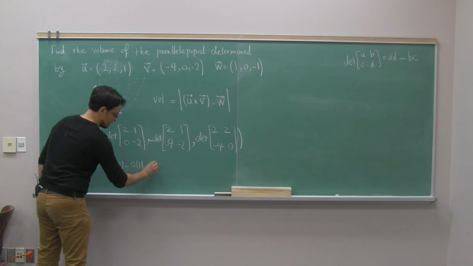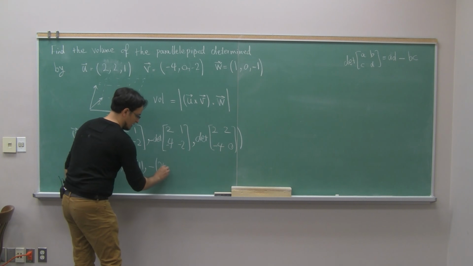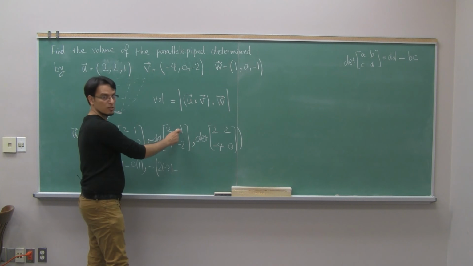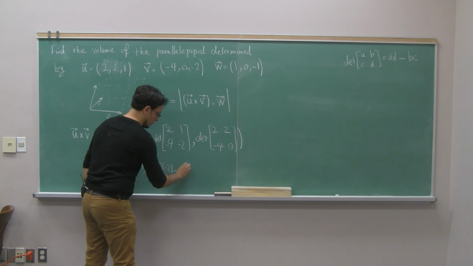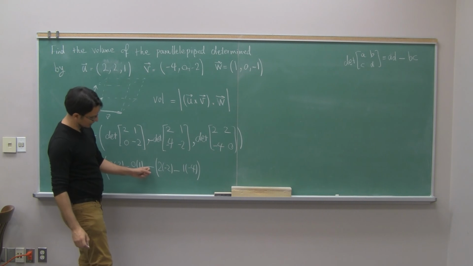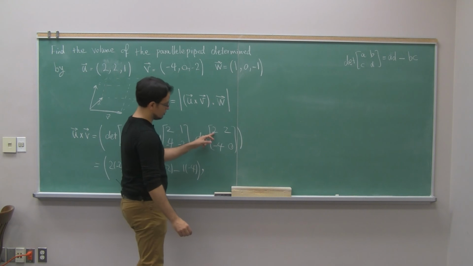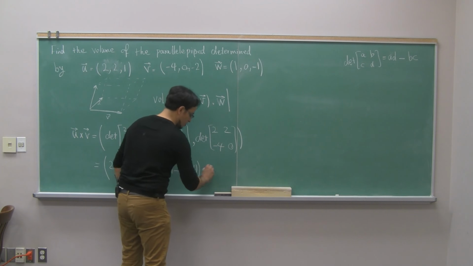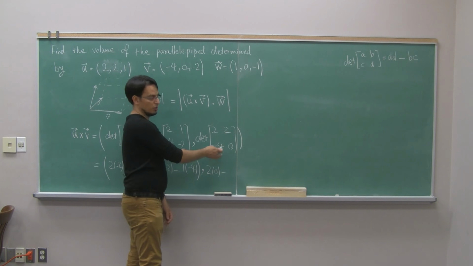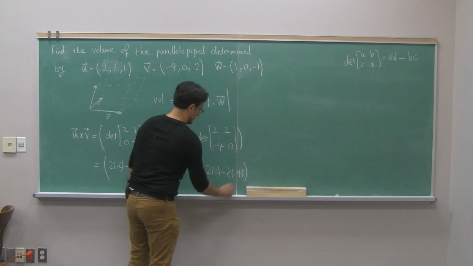I have a negative sign, so I put it outside the bracket: 2 times negative 2 minus 1 times negative 4, and then multiply by a negative sign. The third one is 2 times 0 minus 2 times negative 4.